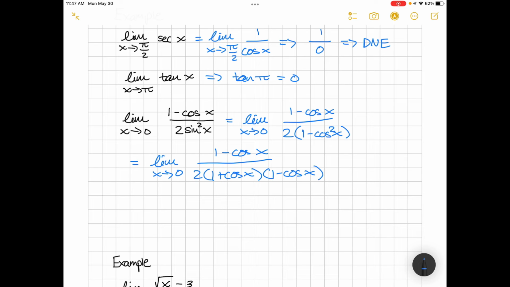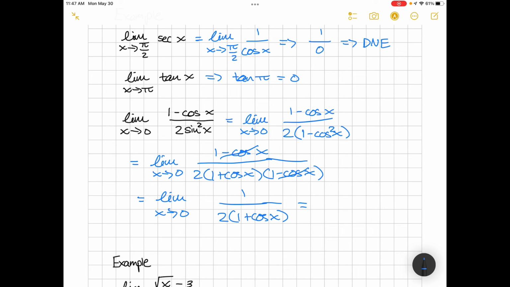x, like that. And now we can see that 1 minus cosine of x and 1 minus cosine of x will cancel out, which means that this leaves us with the limit as x approaches 0 of 1 over 2 times 1 plus the cosine of x. And now we can plug in 0 for x and see what happens.